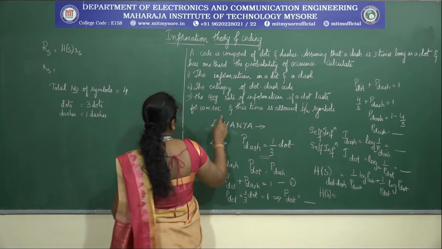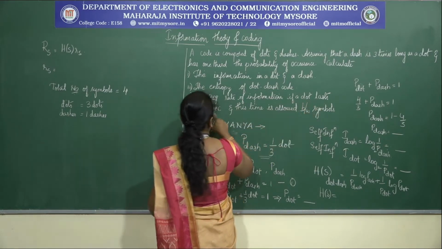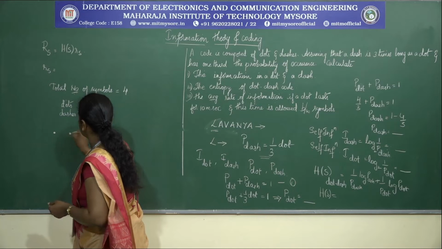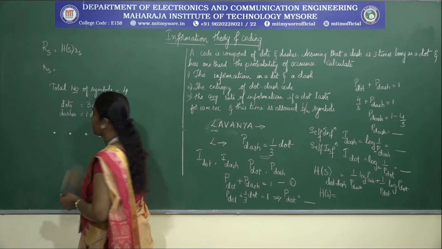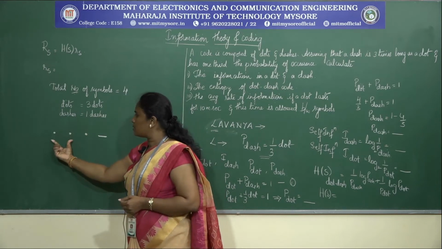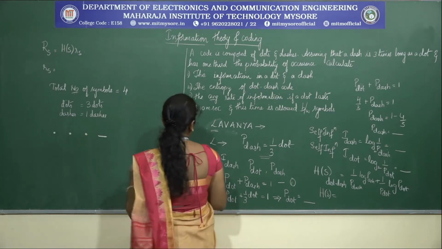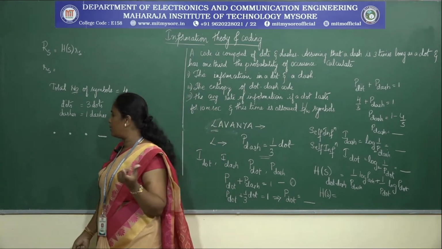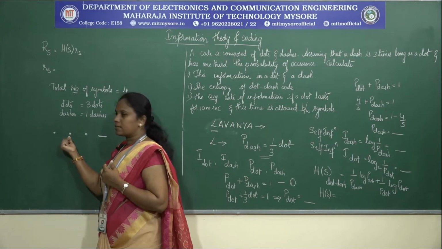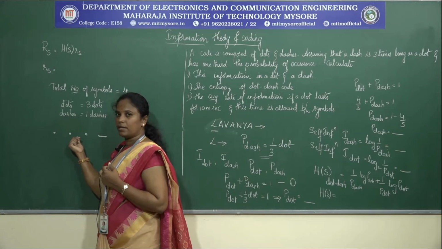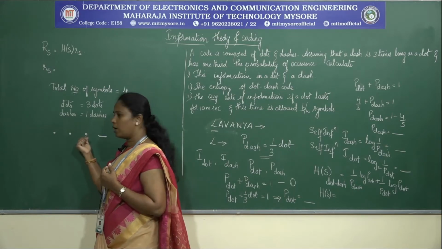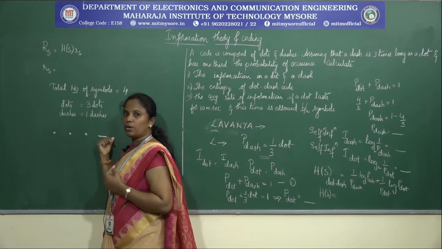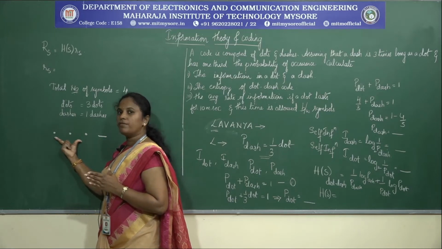Now they have told us that a dot lasts for 10 millisecond, and we have 3 dots and 1 dash. With respect to these 4 symbols, a dot lasts for 10 millisecond, then the next dot follows after a gap of 10 millisecond, then again a 10 millisecond gap and the next dot, then again a 10 millisecond gap and the dash, and again 10 milliseconds to complete the arrival of this particular code.